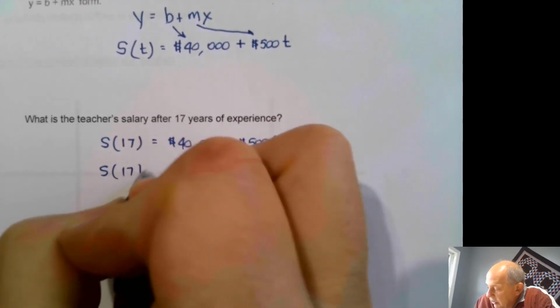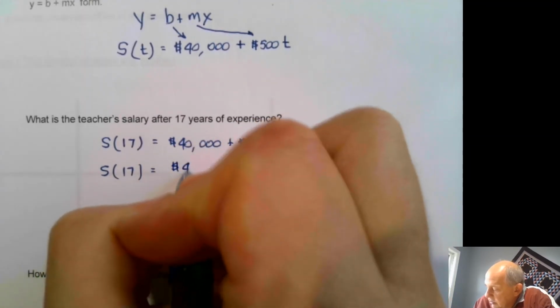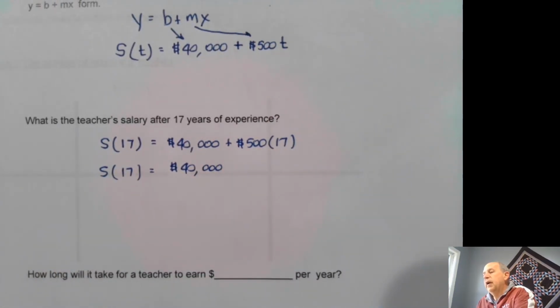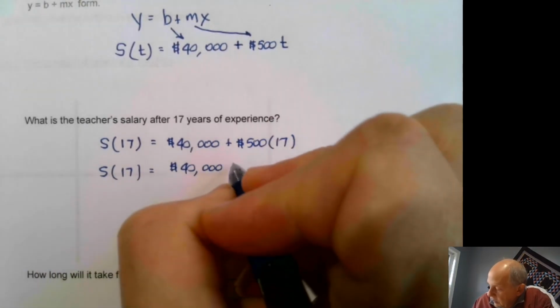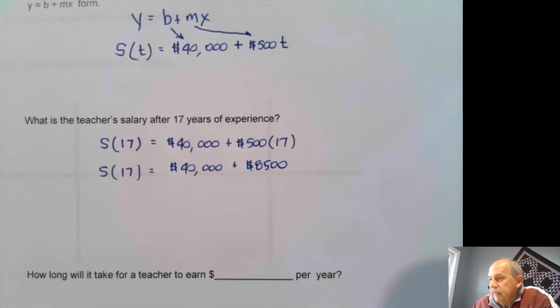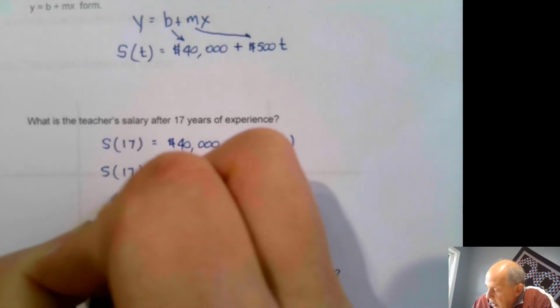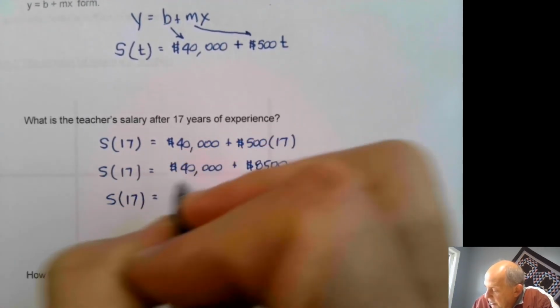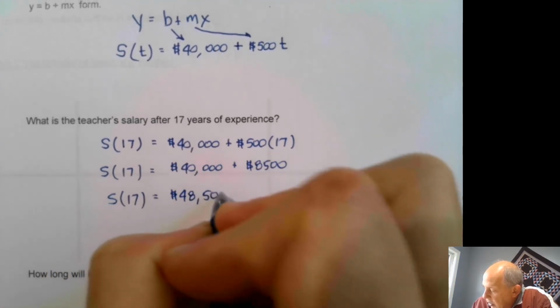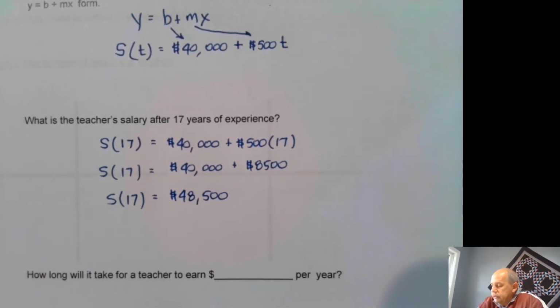My salary after 17 years is $40,000 plus 500 times 17, which is $8,500. My salary after 17 years is $48,500. So there's what you would have for a salary after 17 years.